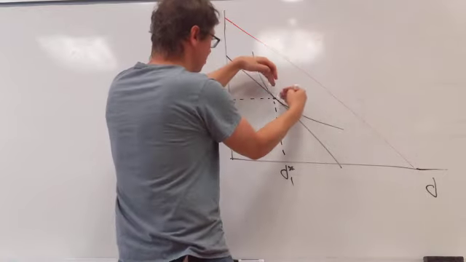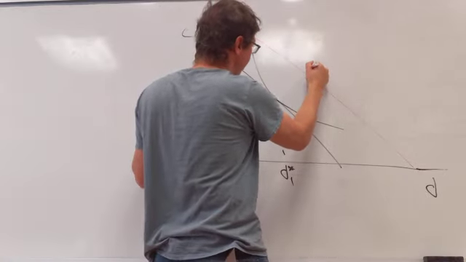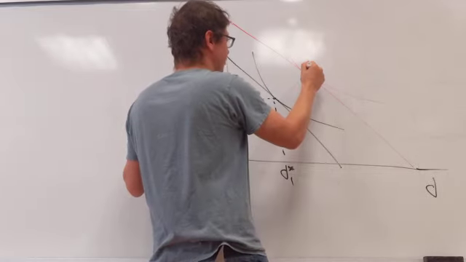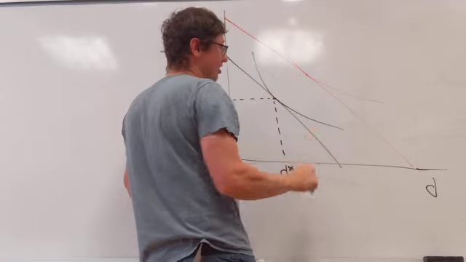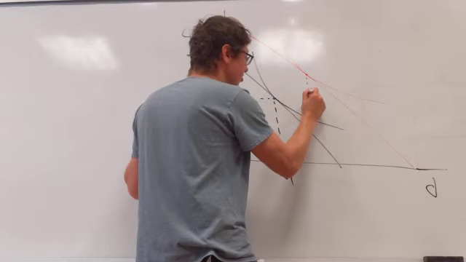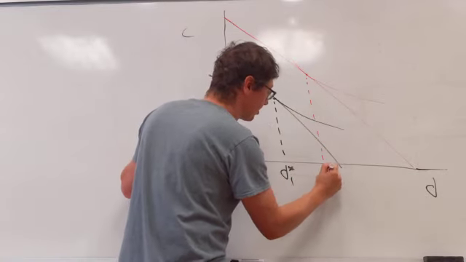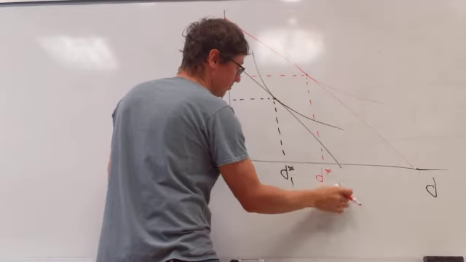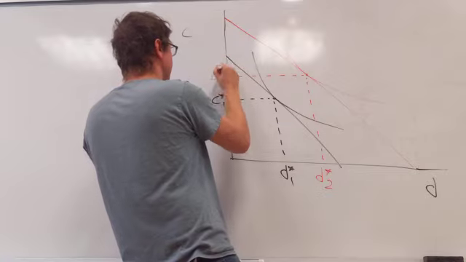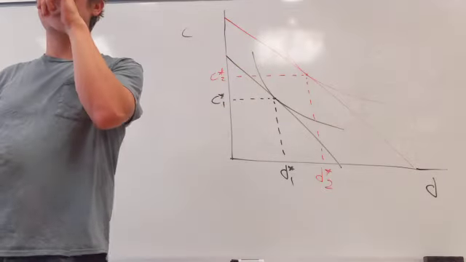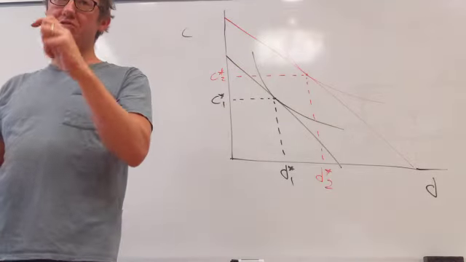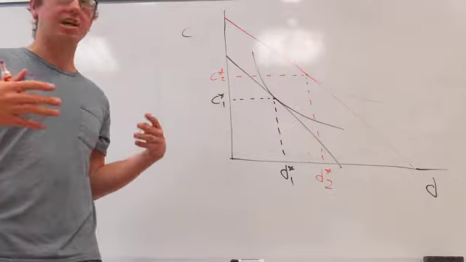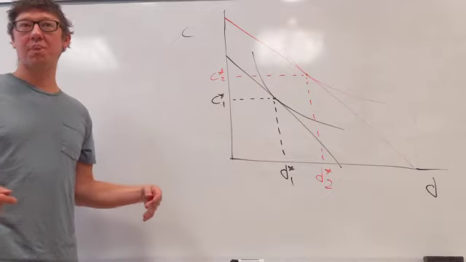So the consumer will move out and keep moving out all the way till the furthest out indifference curve they can reach is exactly tangent to the new budget constraint, and their new utility maximizing bundle is C star 2, D star 2. So they recalibrate. Their income changed, and they have a new utility maximizing bundle.